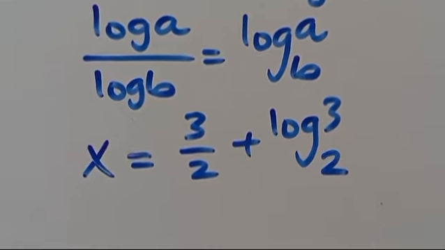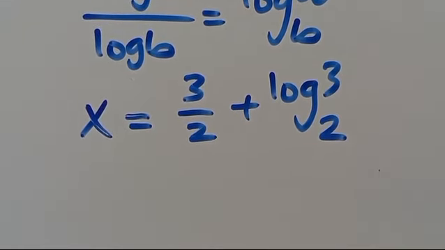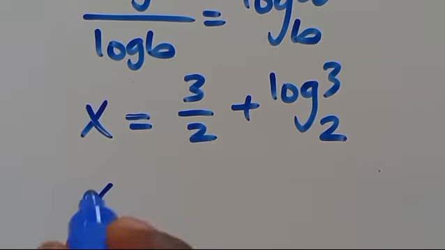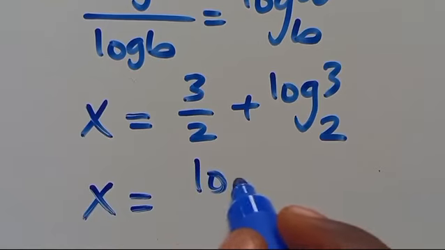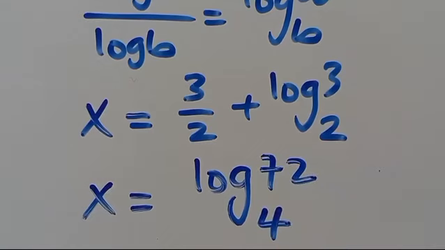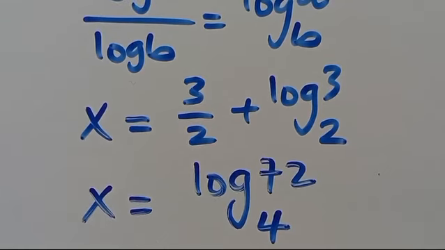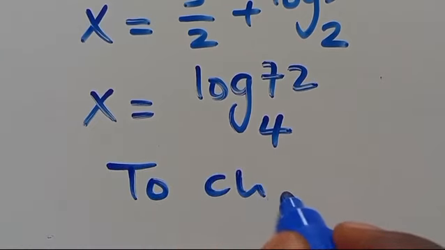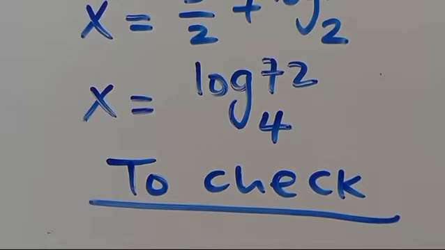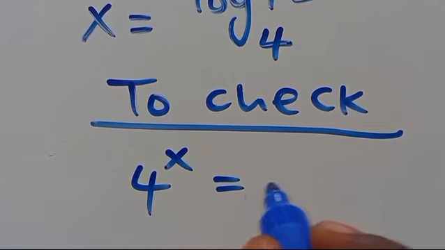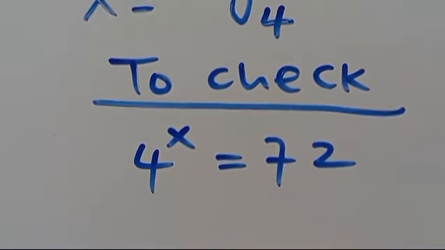So if we are to verify the first and the second solution, we have x equals log 72 in base 4. So to check, we have 4 to the power of x equals 72.